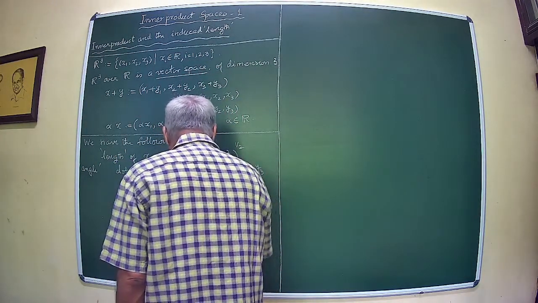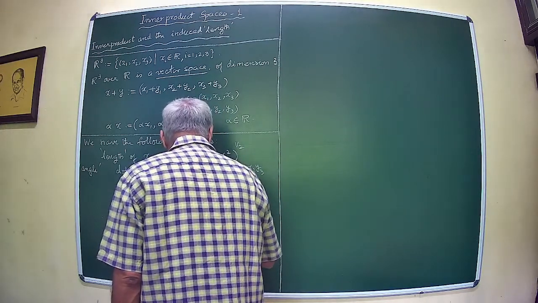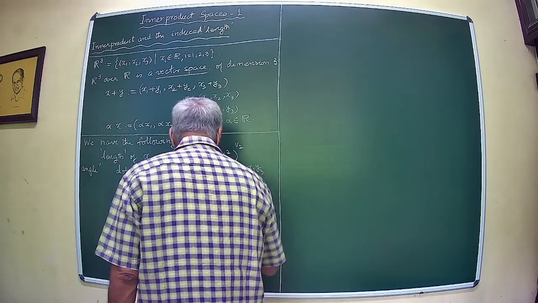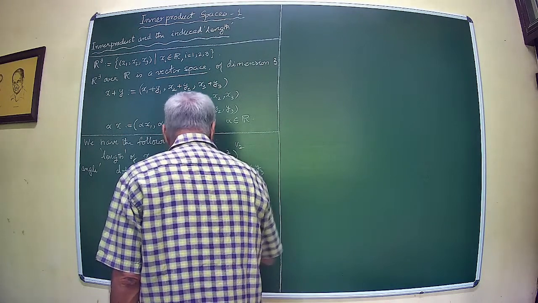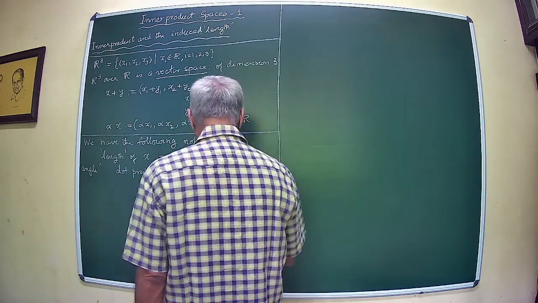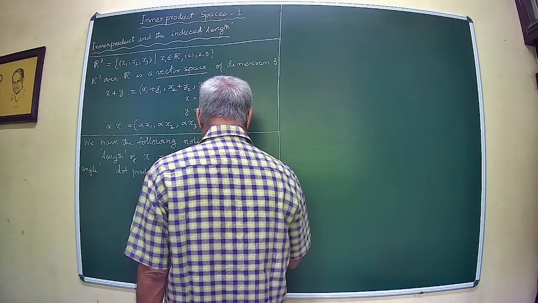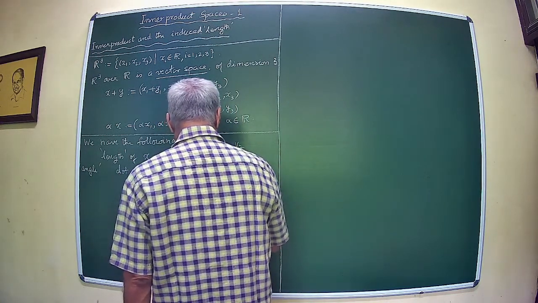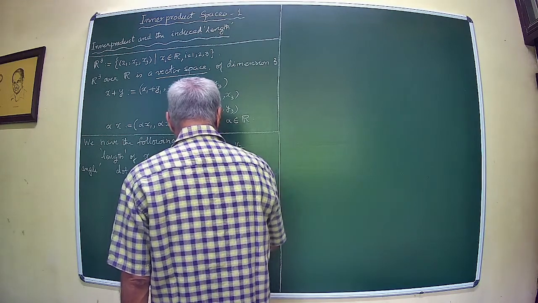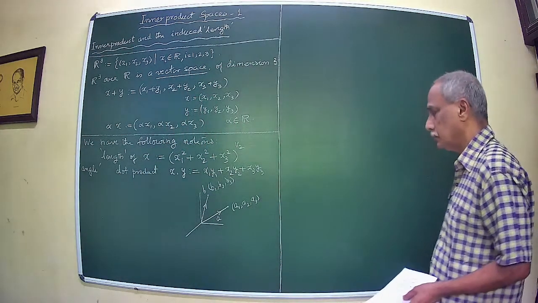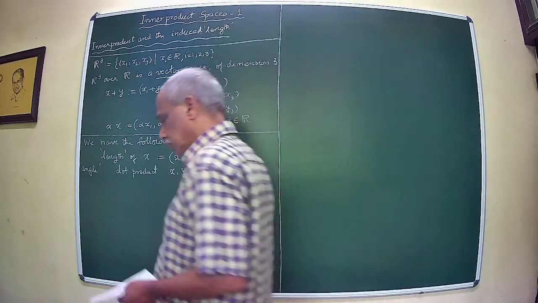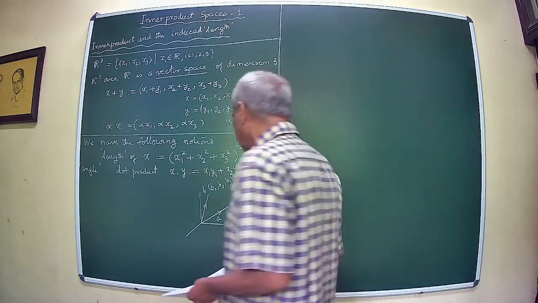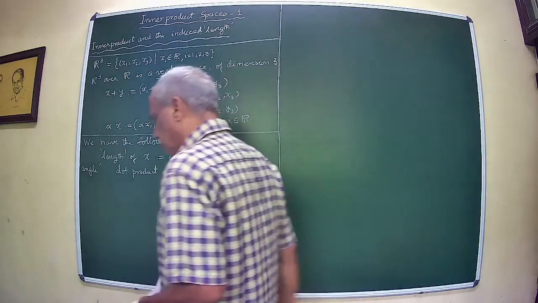So let us take two vectors, A and B. Then A is given by the triple A1, A2, A3, and B is given by B1, B2, B3. Now in a plane, we assume A is not equal to B. Now there is an angle between these two vectors.